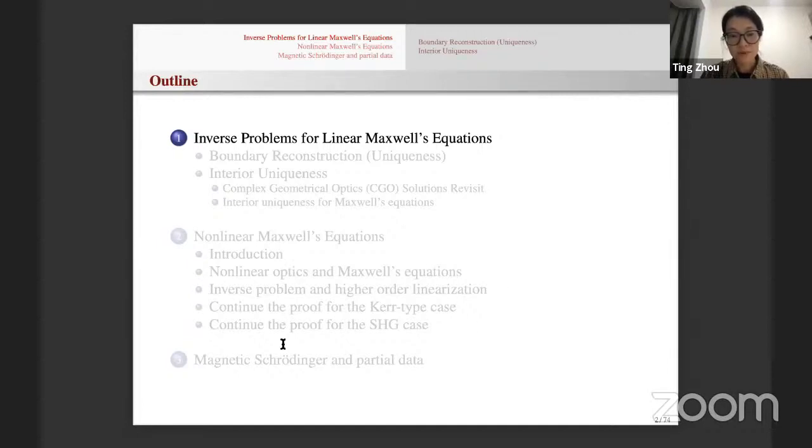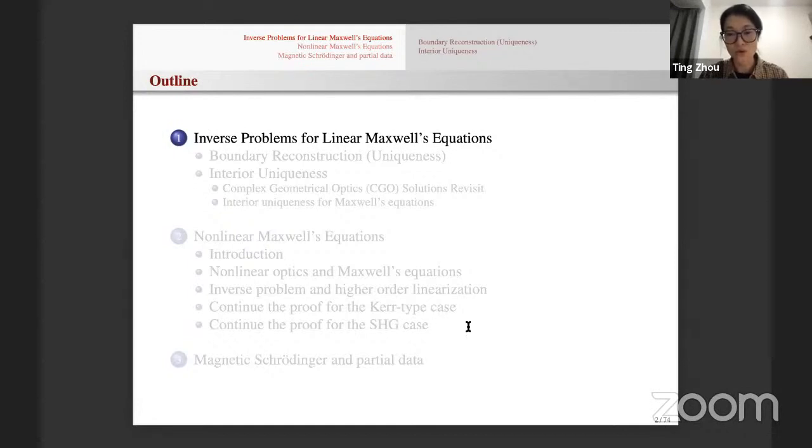So if time permits, I will digress a little bit, talking about some inverse problem for the magnetic Schrodinger equation, where we use the partial data. That means the measurements are taken only on part of the boundary. So we can see some typical microlocal analysis we used to prove some kind of density of products of solutions in certain function spaces, because in the second part, the nonlinear equations case, this is a theme.